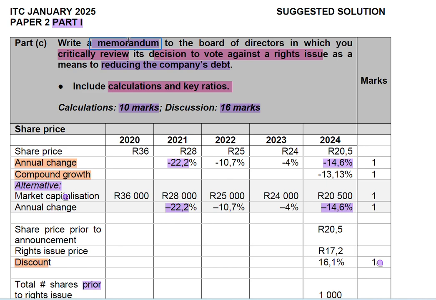Another thing, you know the vote is against the right issue. What is the right issue? It's when the company wants to increase the number of shares that are out in the public, or the outstanding shares. Because we are talking about shares, the calculation I will need to do will be with reference to shares, looking at the movement of the shares and how liquid the share has been over the years.